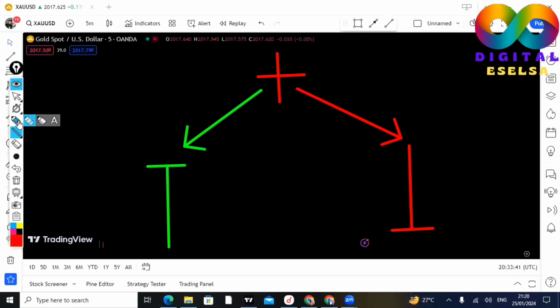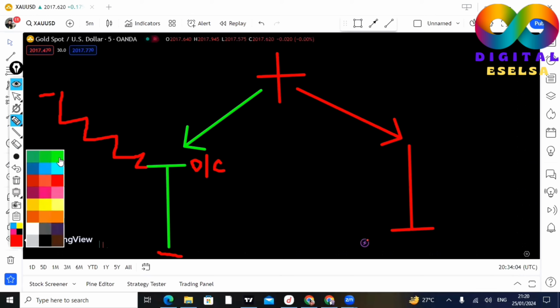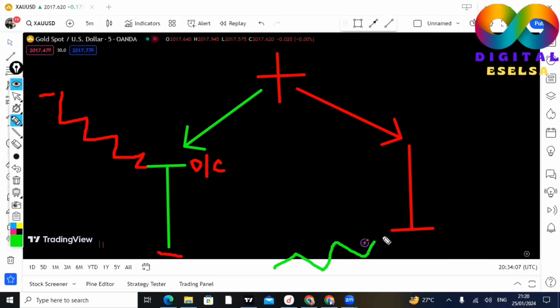The information that this gravestone doji is carrying is that buyers want to keep on pushing the market up, and they push the market up to this place, but they were not able to close the market there.